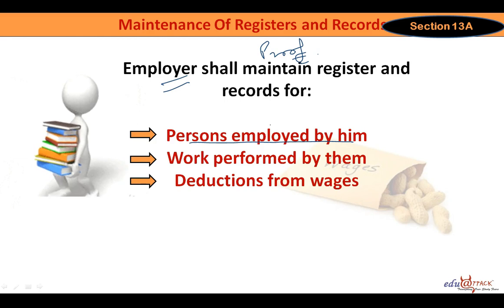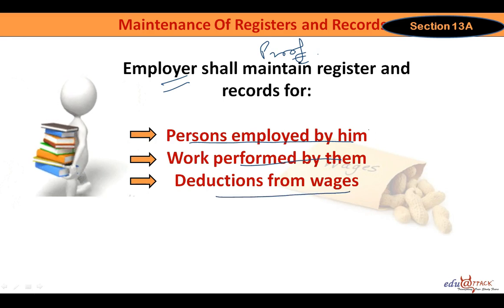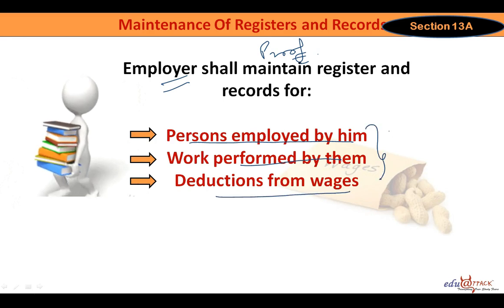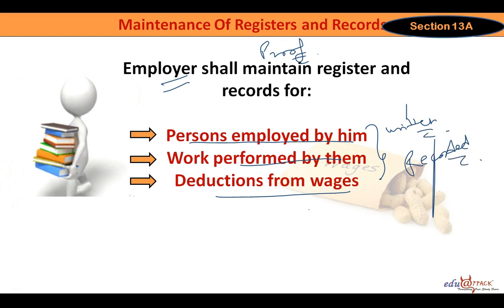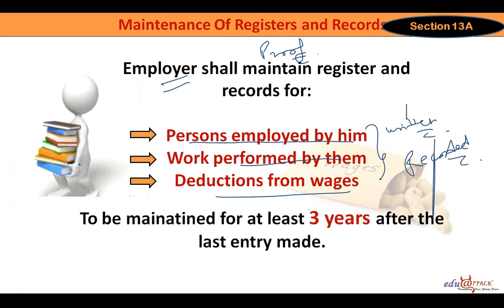The persons employed by him in that time frame, works performed by the employees, and deductions from the wages of employees. All these three things have to be written properly and recorded in the registers of the employer, and they should be maintained for at least 3 years after the last entry made.